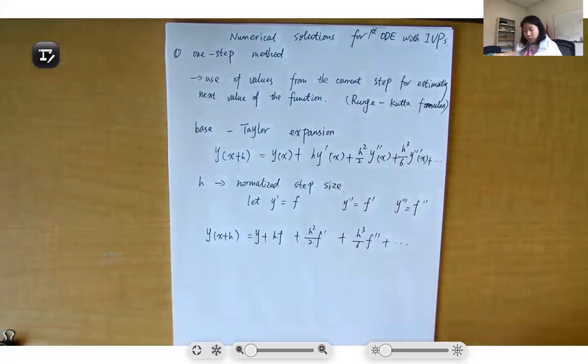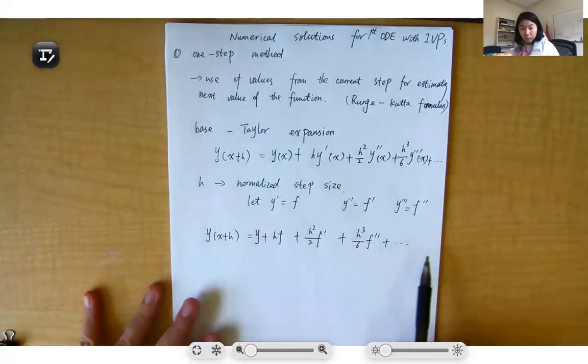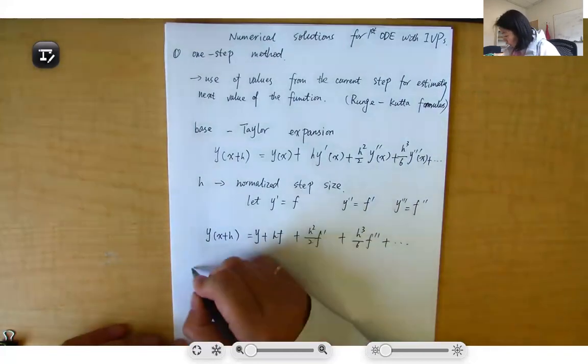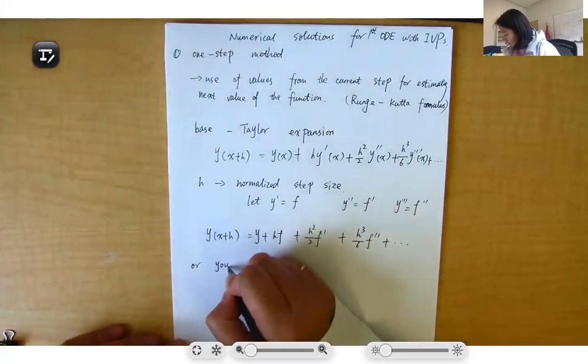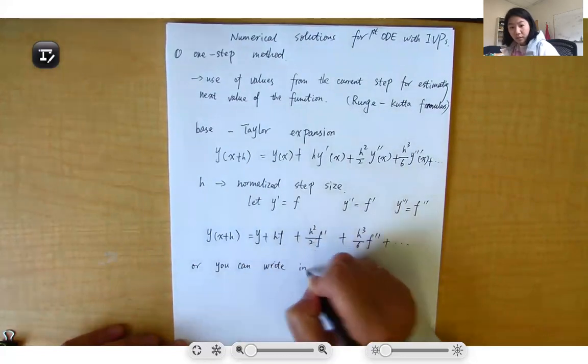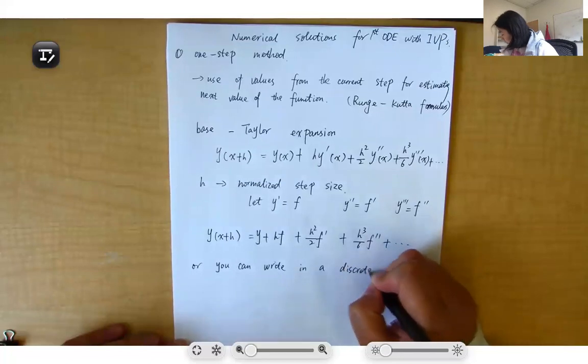And you can rewrite this equation. So this is a continuous form equation. You can rewrite this in a discrete notation.